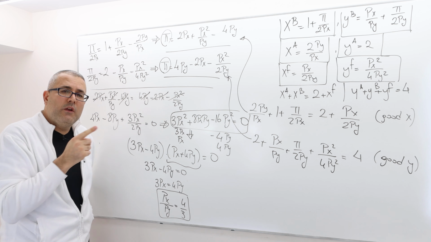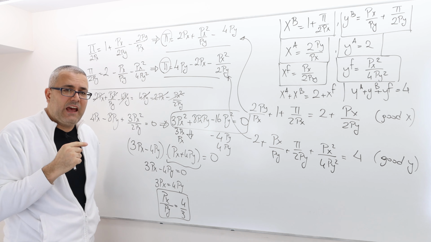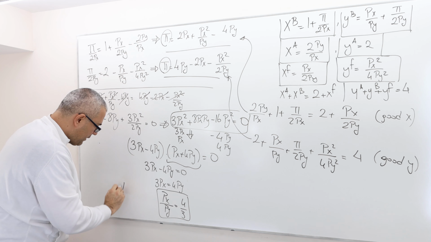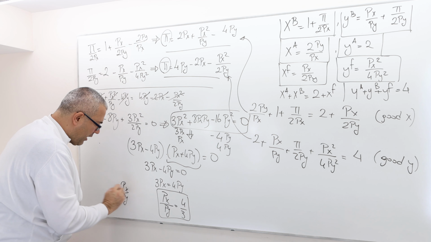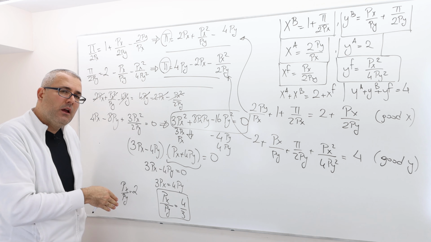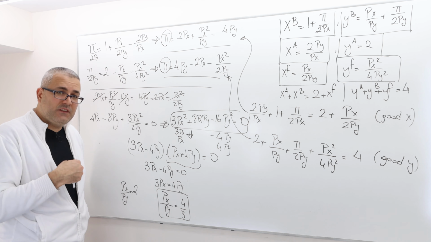So if you remember, when we didn't have production, the price ratio px over py was 2. Now the price ratio is 4 over 3. What matters is it's less than 2. Does it make sense? Oh, yes, it does. Why?